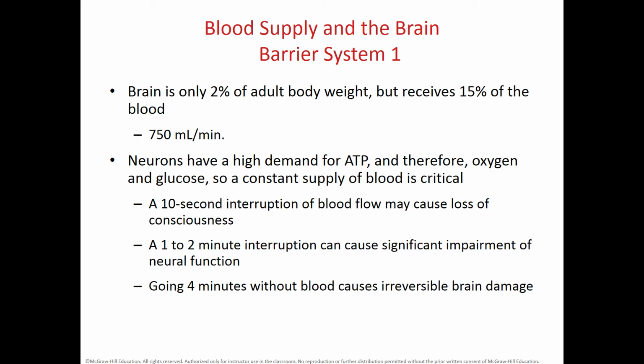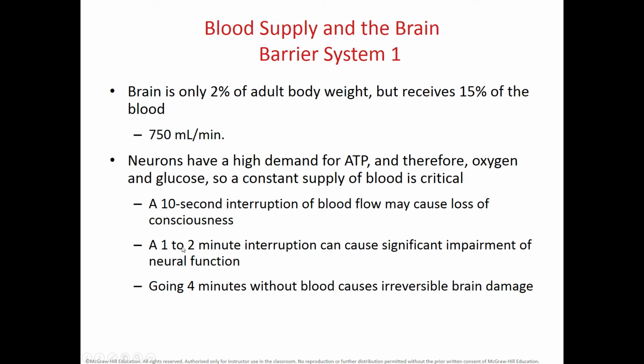So the neurons are very active, they require a lot of ATP, and all of those nutrients that make ATP, like glucose, are brought to the neurons by the circulatory system through the blood. And then our neurons also require a lot of oxygen, and that oxygen is very important, since if you interrupt the blood supply to the brain for 10 seconds, you might have loss of consciousness.